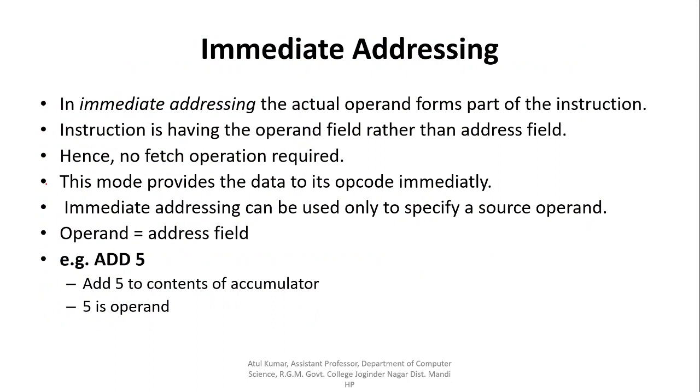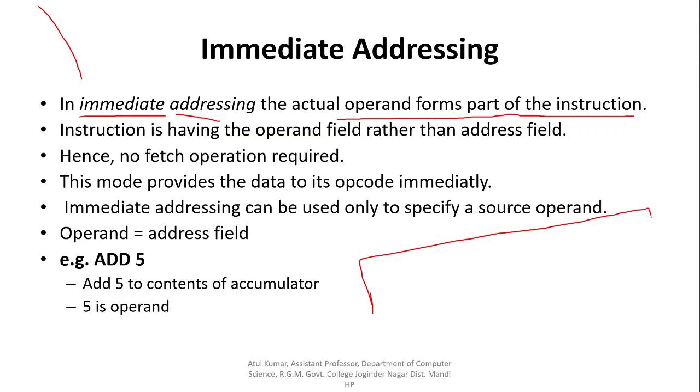So the first addressing mode is immediate addressing mode. As the name suggests, it is immediate. Immediate means instant. In immediate addressing mode, the operand is actually part of the instruction. As I have discussed in previous video lectures, instructions contain an opcode and an operand.